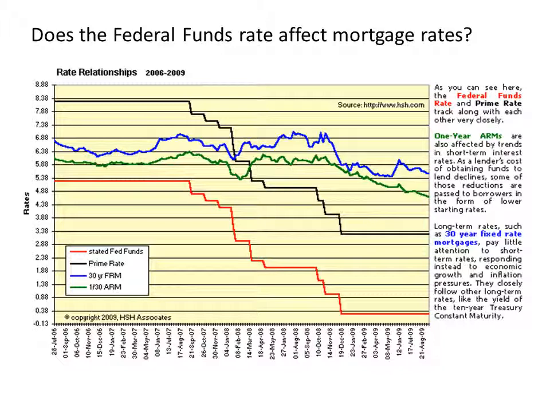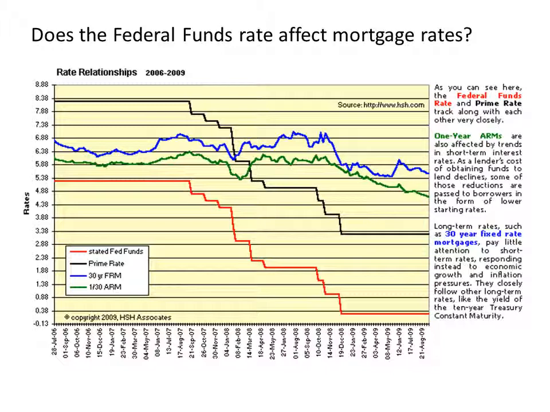Right. This similar slide asks, does the Fed funds rate affect mortgage rates? The Fed funds rate is the red line on this curve, and the 30-year mortgage rate is the blue curve. There's not quite as much similarity between those two interest rates as there is between the Fed funds rate and the prime rate, right?